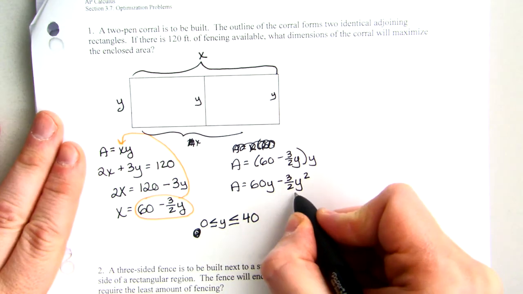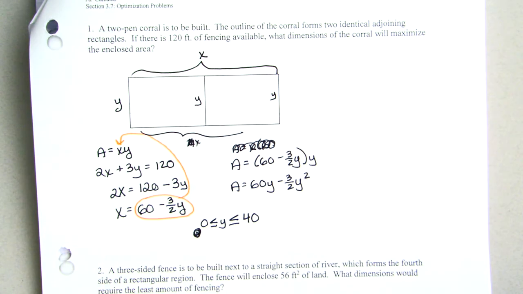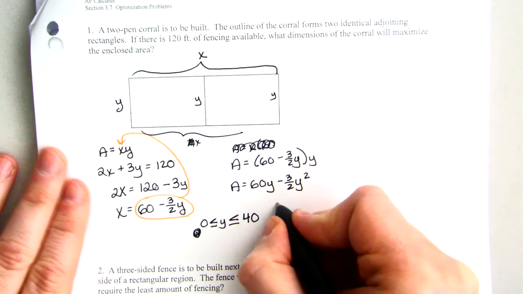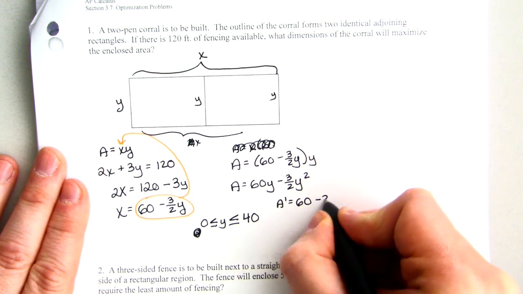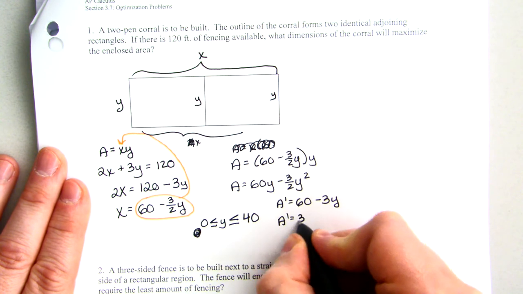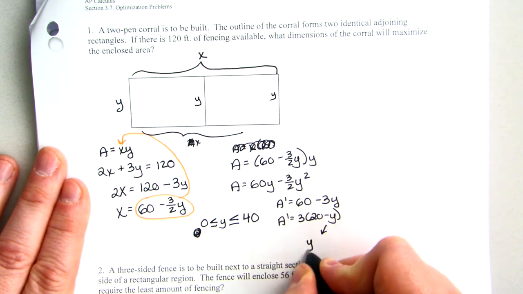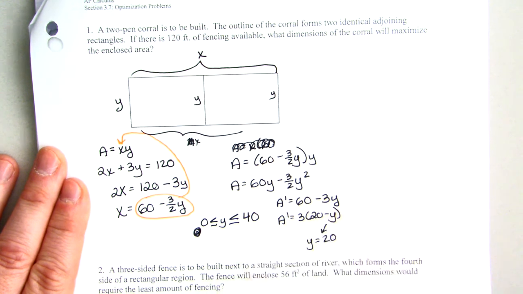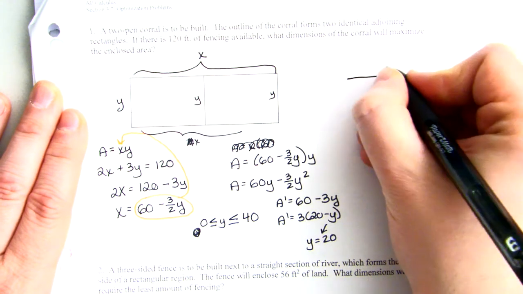Now, go find your derivative of A and tell me what the critical value or values will be. Looks to me like I have a critical value at y equals 20. So now we're going to go set up our candidates test.